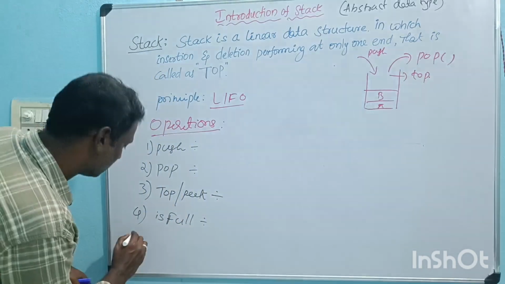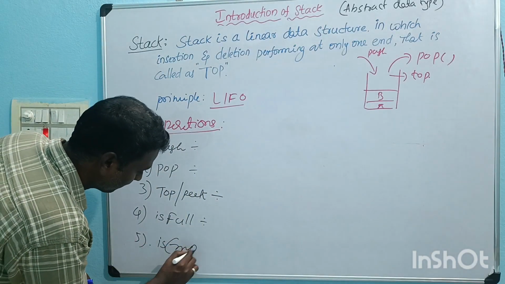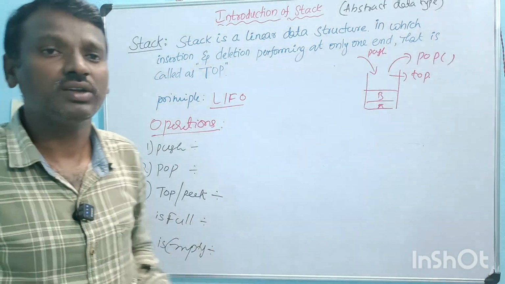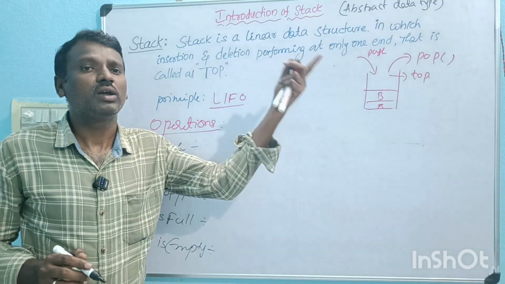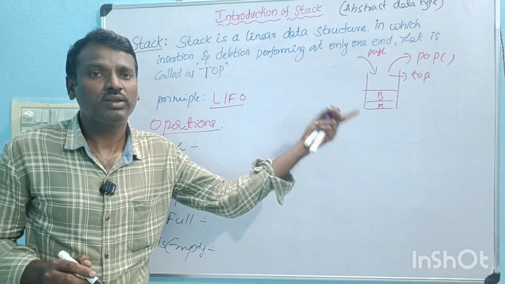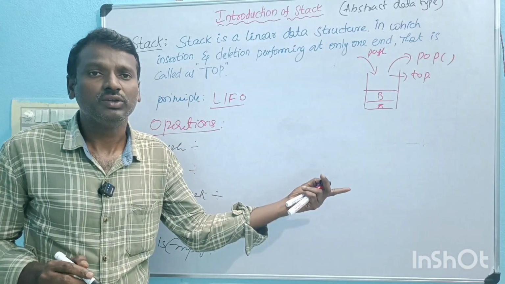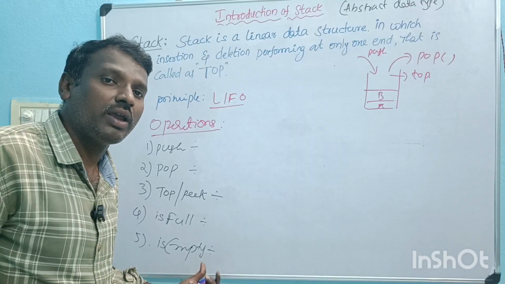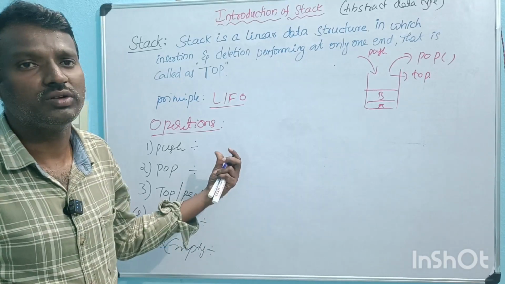Next, the fifth is empty. If the stack is already empty and we try to remove an element, it displays that the stack is already empty. At that situation, we apply the is empty operation. So these five are the operations of your stack.